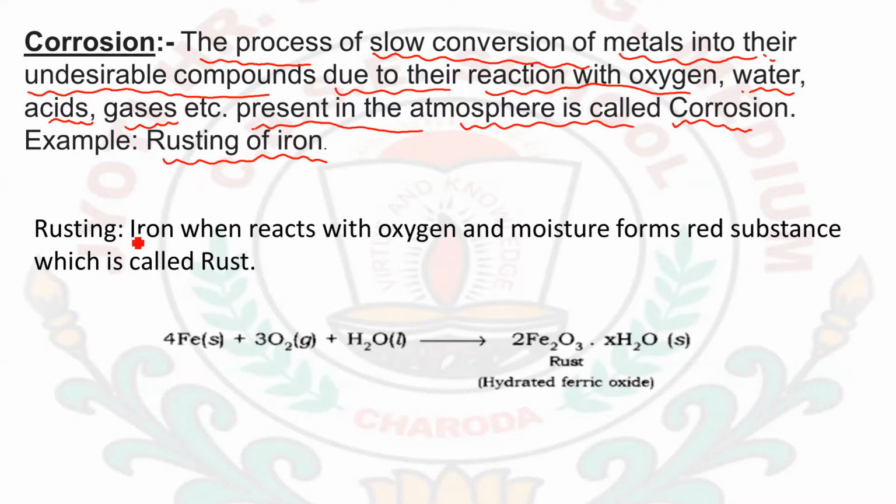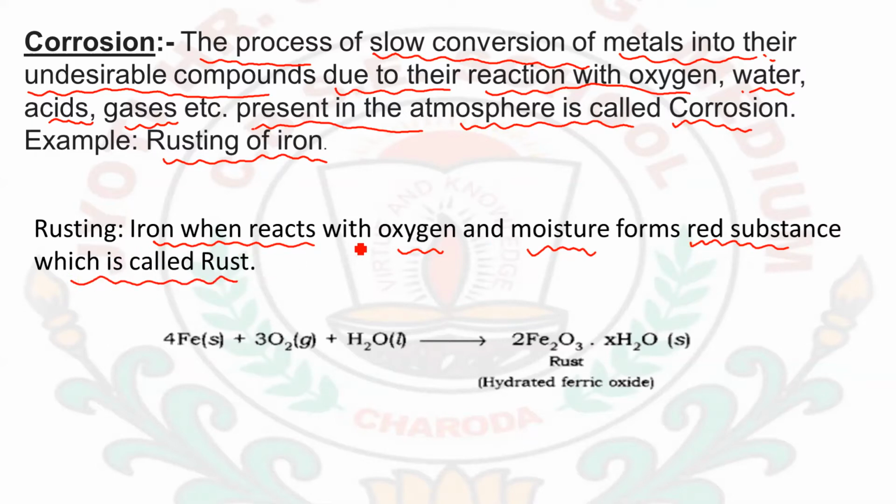Rusting of iron is when iron reacts with oxygen and moisture present in the air. A brownish red substance, which is called rust, is formed.